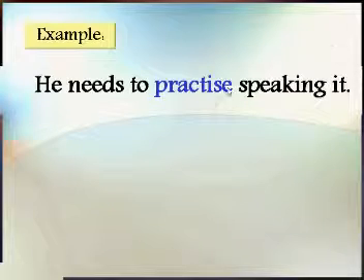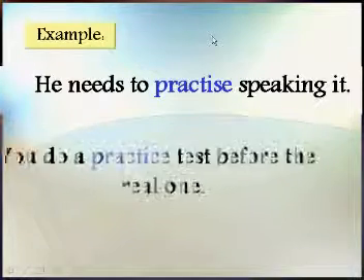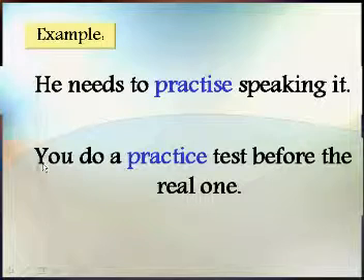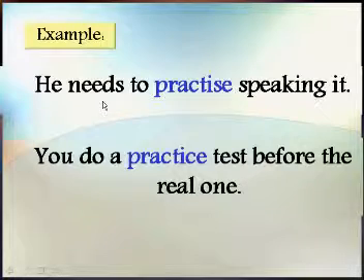Another example. He needs to practice speaking it. He needs to practice, with S, speaking it. And I'll give a different example to notice the difference between the two words. You do a practice test before the real one. We have the two words, one with S and one with C, and please try to notice the difference.